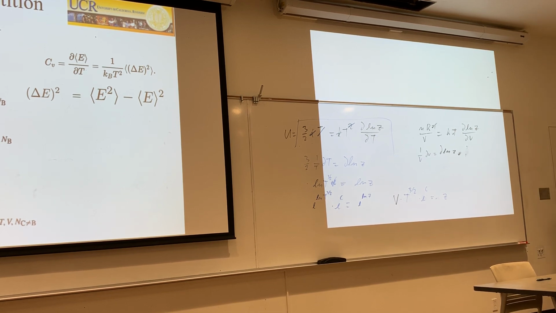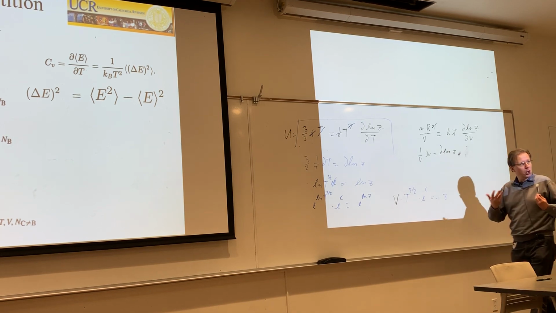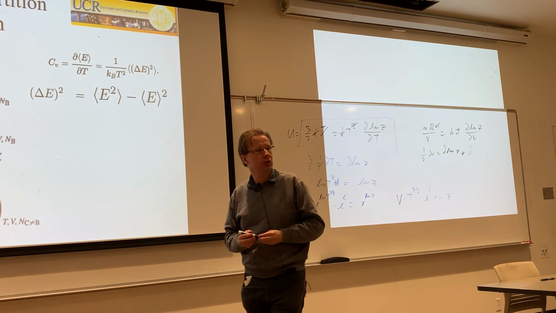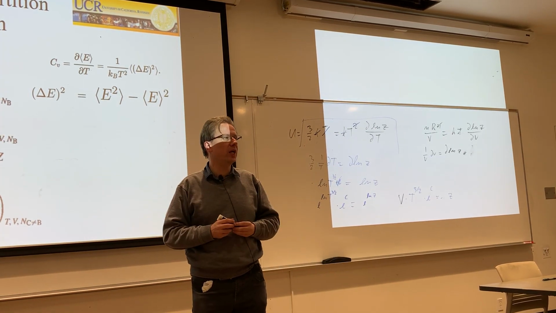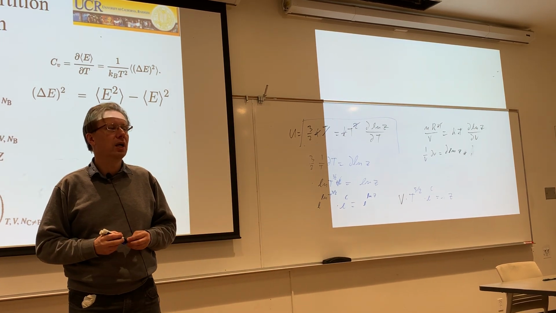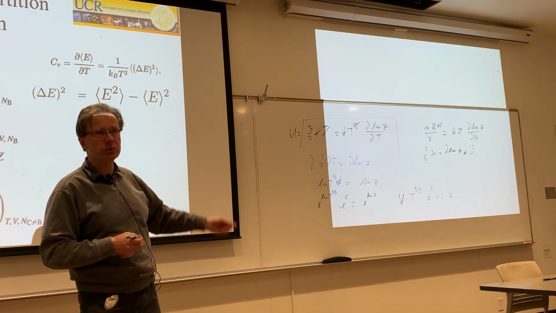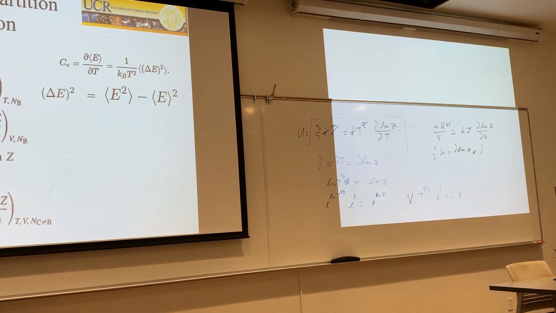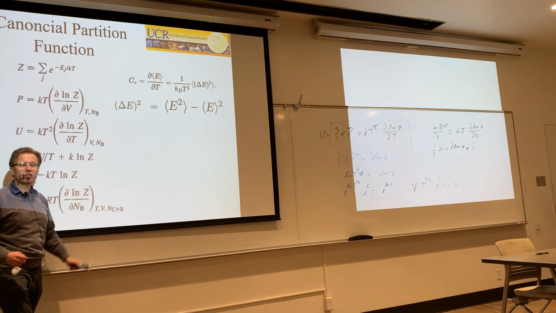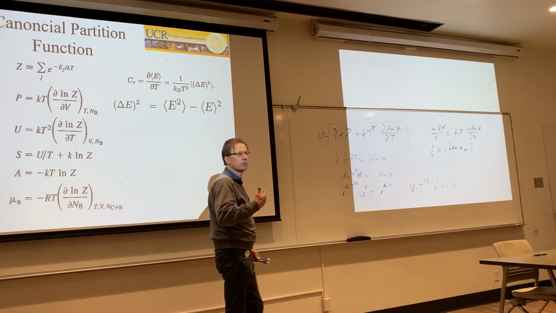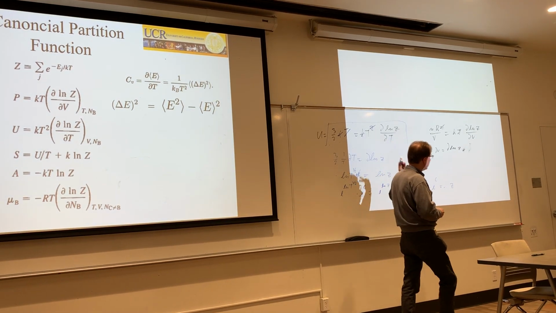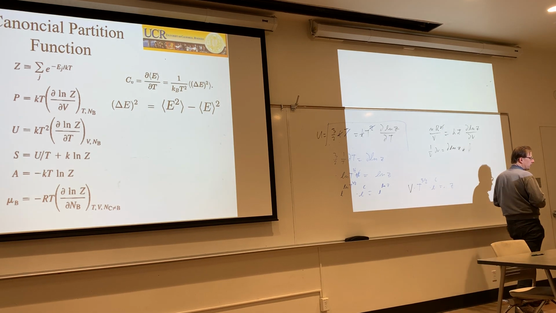So the takeaway message from this one is, if we learned something in a non-statistical mechanics way about our system, if we somehow figured out what the pressure or the internal energy of a system is, based on information which doesn't come out of those sums, we can use these formulas to construct out of that information some information about the Z, which is then not a sum, but some other way of making the Z. And then we can use it. And then still all our formulas of statistical mechanics are valid.